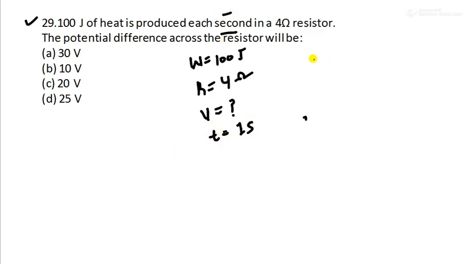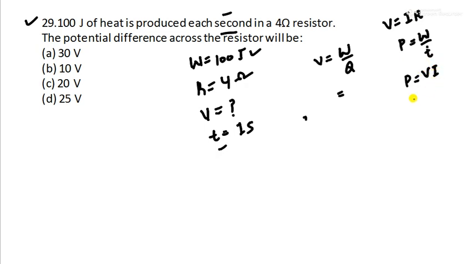So we have the formula. What is V? It is W by Q, right? So you have W, but you don't have what? Q. So you should know the other formula also. V is equal to how much? IR. Okay. Power is equal to work done by time, and power is equal to V into I, or you have current is equal to Q by T. All these you have to keep in mind.